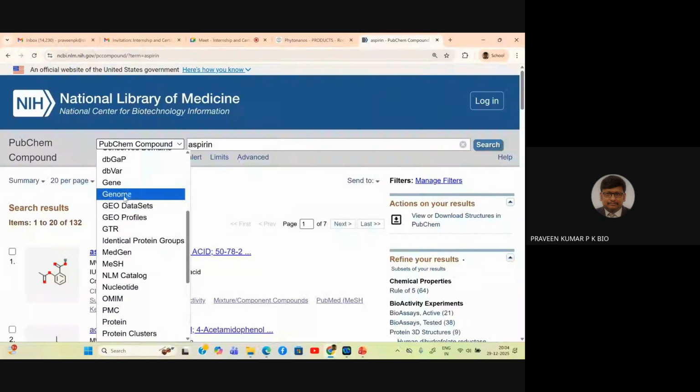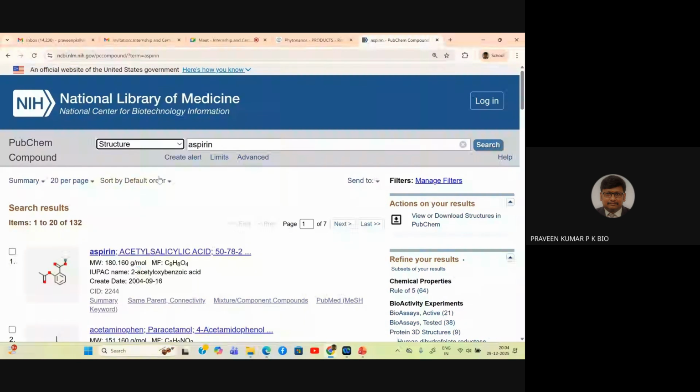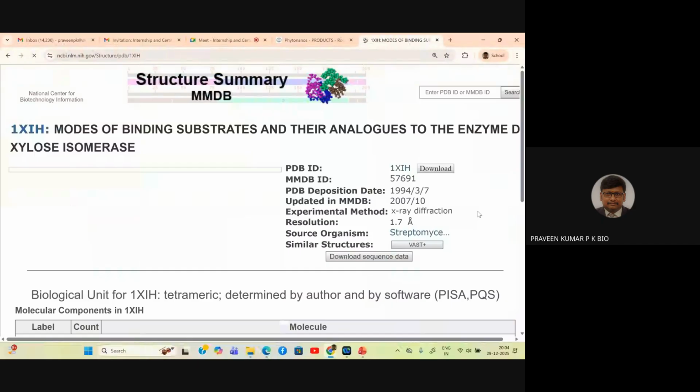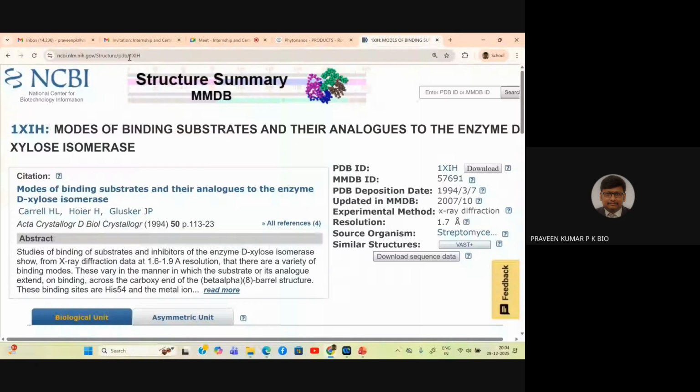And we can see the genome database. This is what we majorly use. For structure, we have to go to the database called Structure, which takes you to the MMDB, the Molecular Modeling Database. Inside that, I typed a PDB ID that I know, 1XIH.